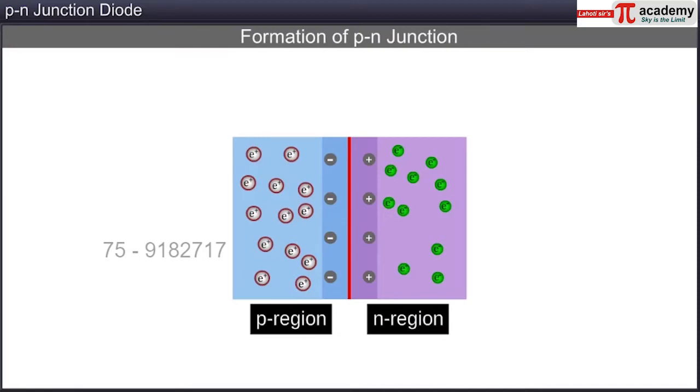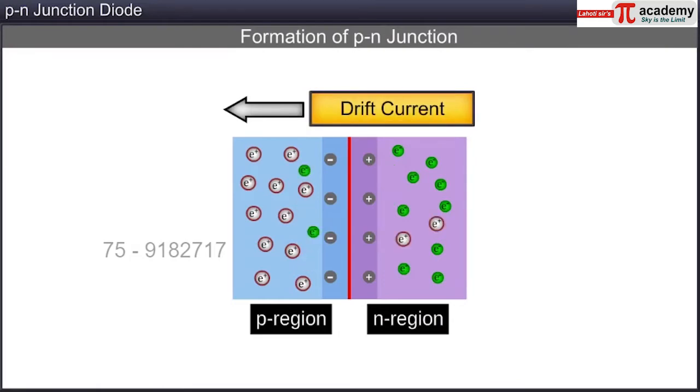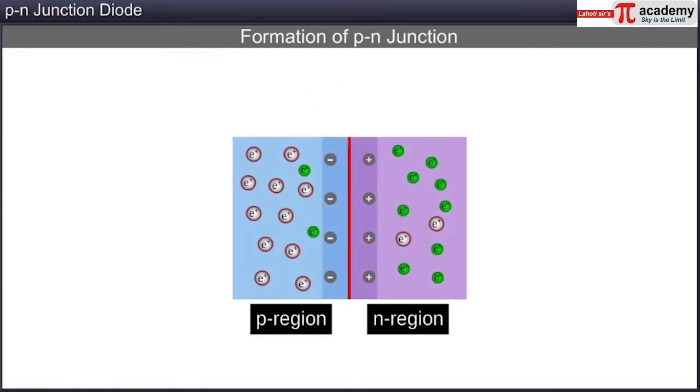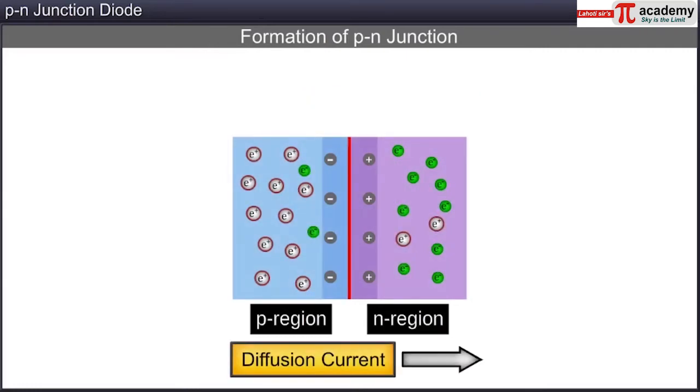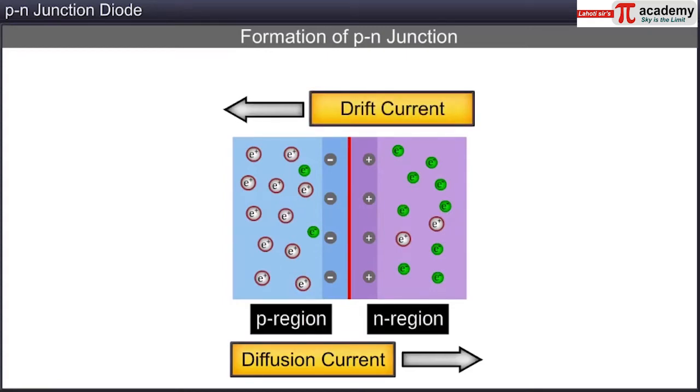This drift of minority charge carriers across the p-n junction creates a drift current that is directed from the N region towards the P region of the semiconductor. Thus, we observe that the diffusion current and the drift current across a p-n junction are opposite in direction.